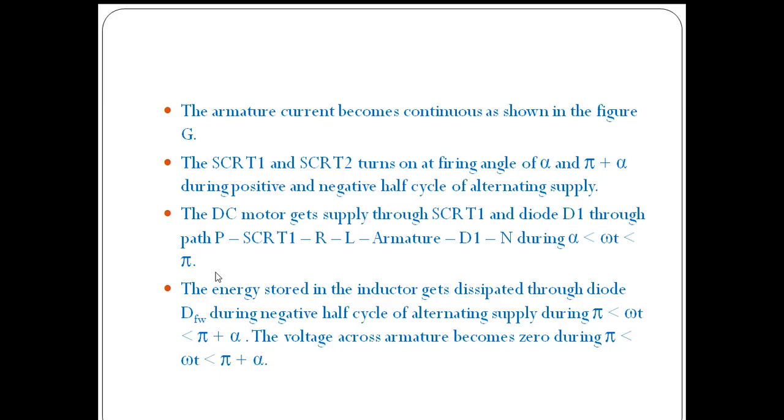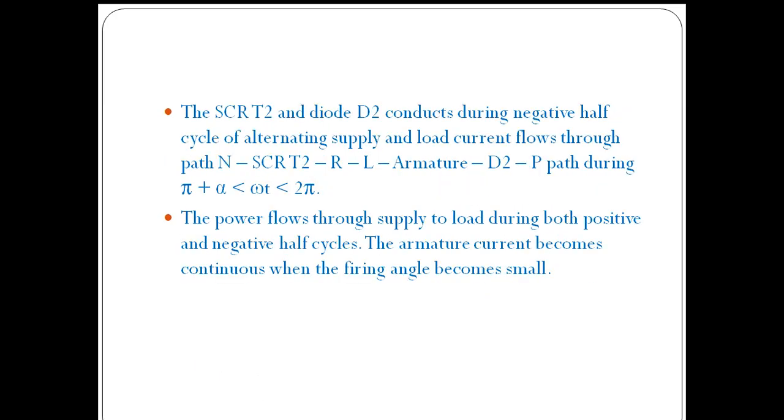Okay. The voltage across the armature becomes zero during pi to pi plus alpha. And SCR T2 and diode D2 conduct during the negative half cycle of the alternating supply. The load current flows through path N, SCR T2, and the resistance R and inductance L, then the armature of the separately excited DC motor through diode D2, and goes to terminal P during pi plus alpha to 2 pi.